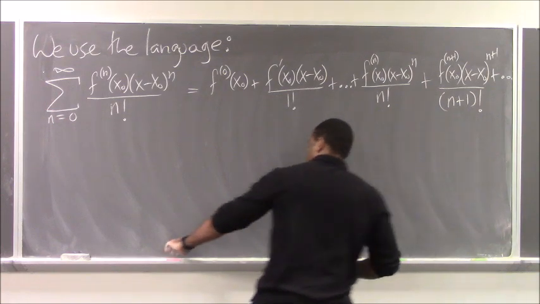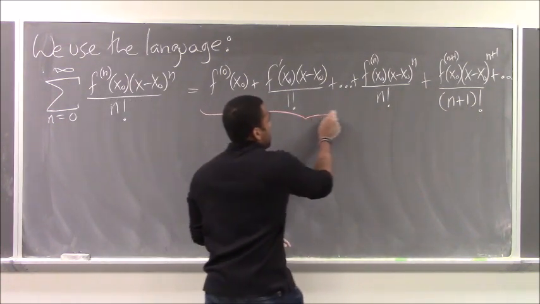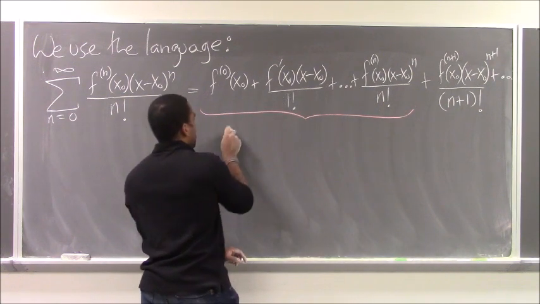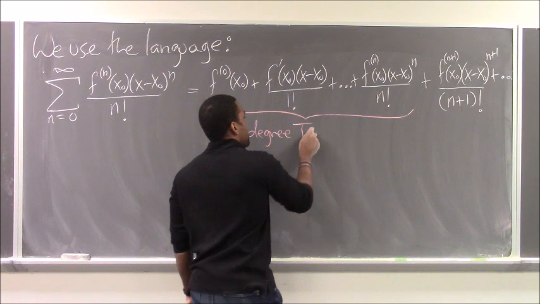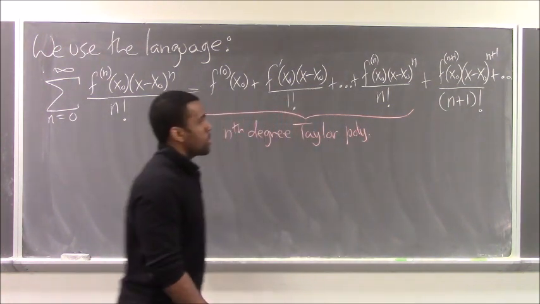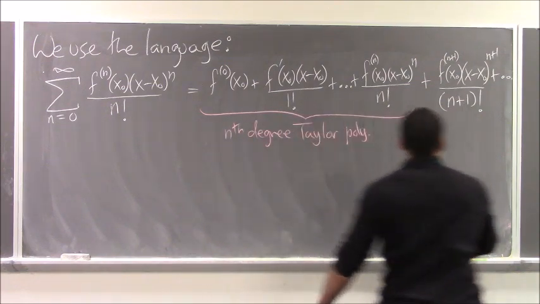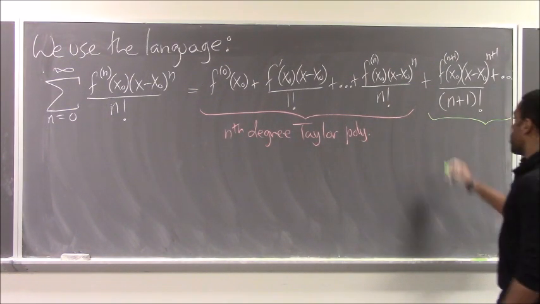And this first part here is called the Taylor polynomial. And the tail part that's left over, going on forever, this is called the remainder term.